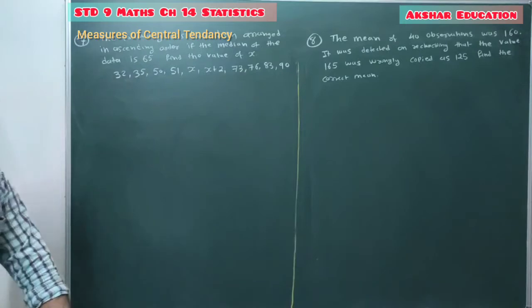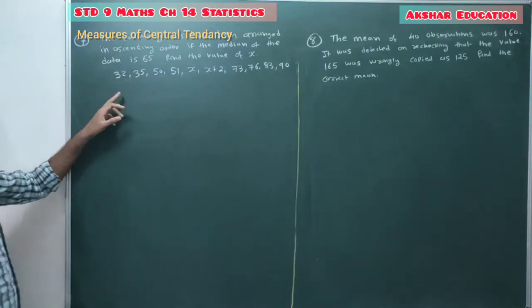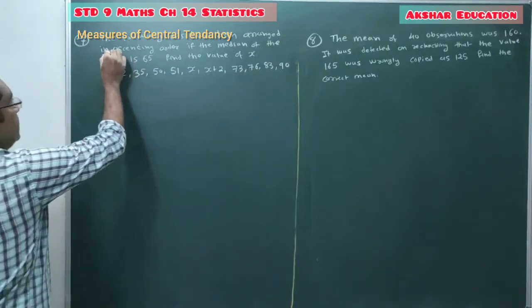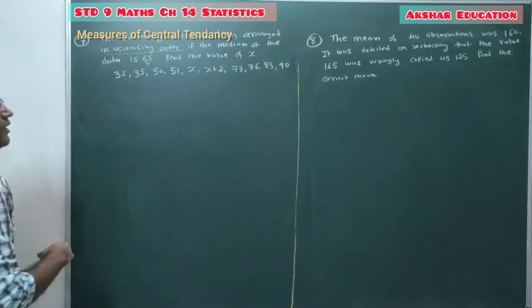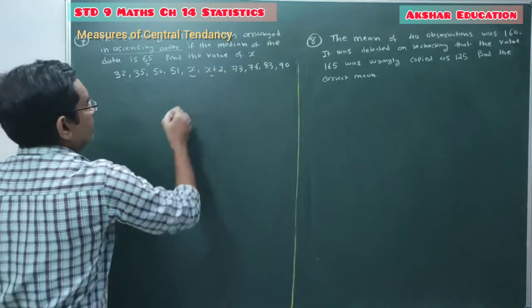These are the observations, all arranged in ascending order. They are already given in ascending order. If the median of the data is 65, you have to find the value of x.